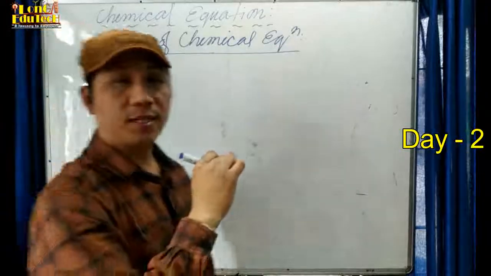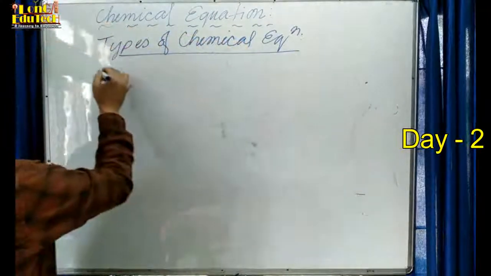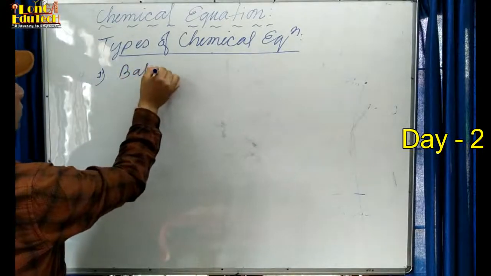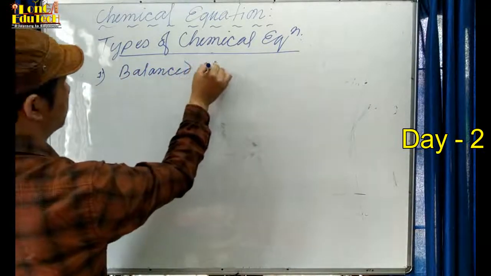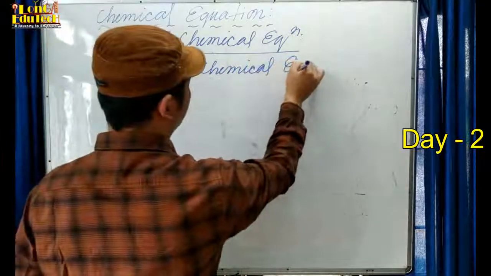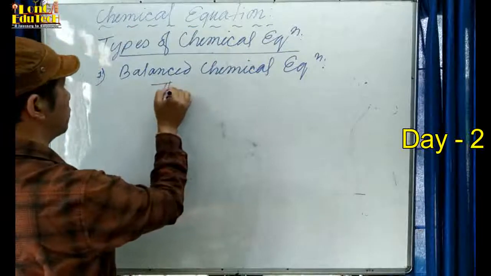One is called the balanced chemical equation, and the other is the unbalanced chemical equation. Let us see now. The first one is the balanced chemical equation.